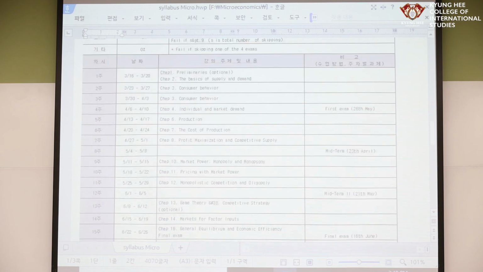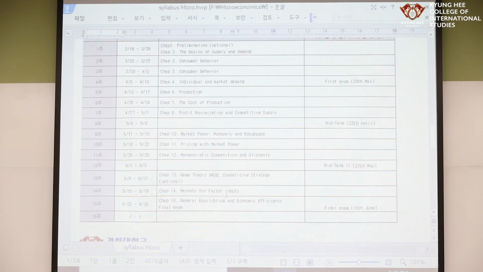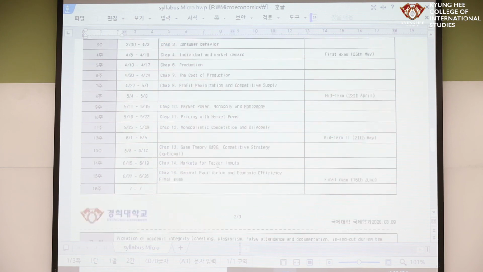After that, the equilibrium condition when the market is imperfect, monopoly or monopolistic competition, and we have midterm 2. And finally, the factors market and general equilibrium. We study these 2 chapters and we have the final exam. The material after midterm 2 and the final exam is very new to you, so you have to study very thoroughly to pass my course.